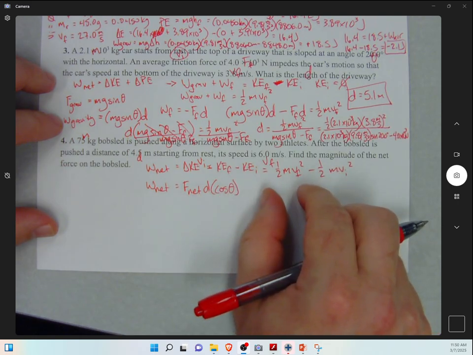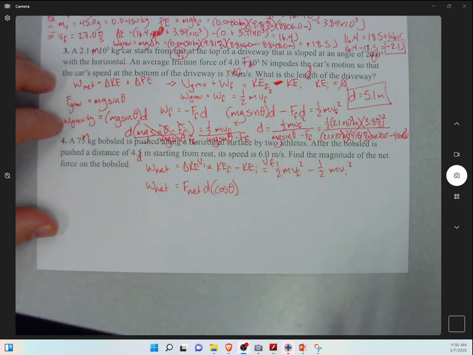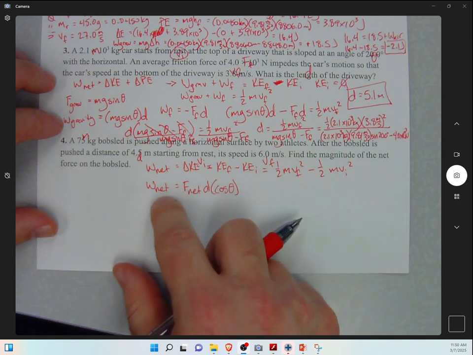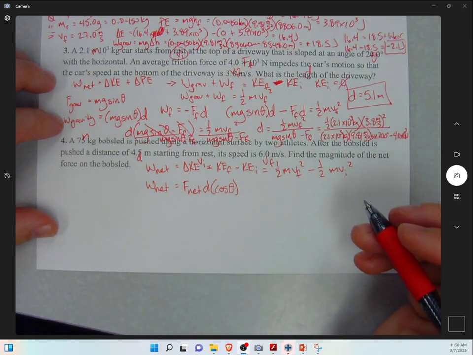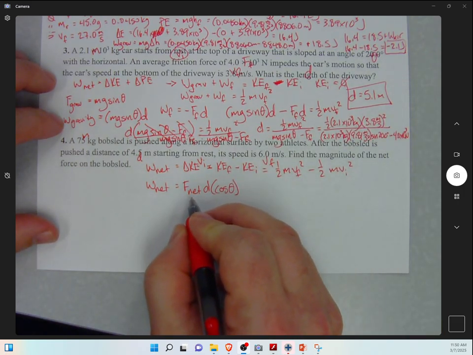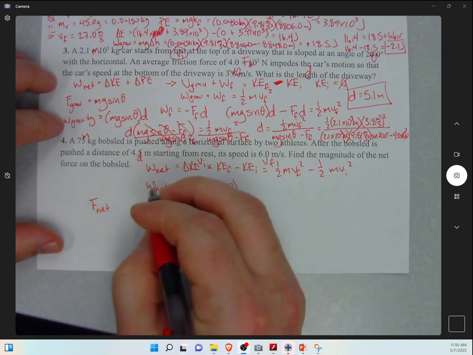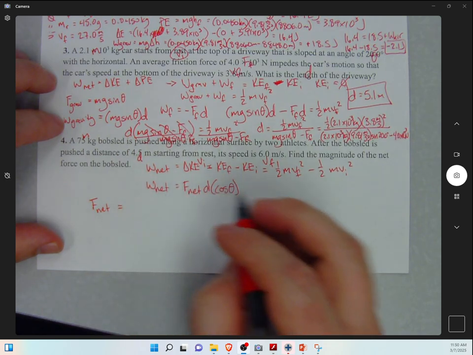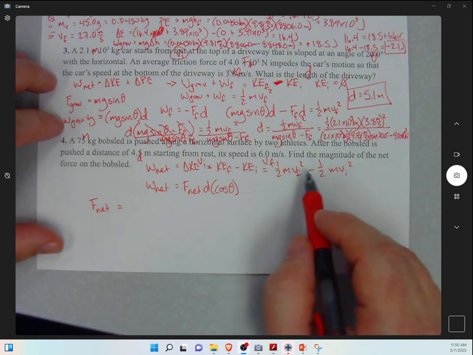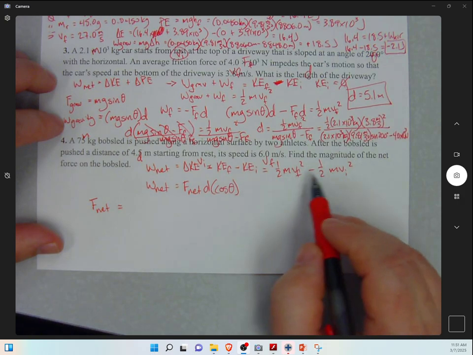I can combine these terms. So if I solve for net force, which is what I'm supposed to do here, you can actually keep these things the way they are, or you can factor out the 1/2 m.